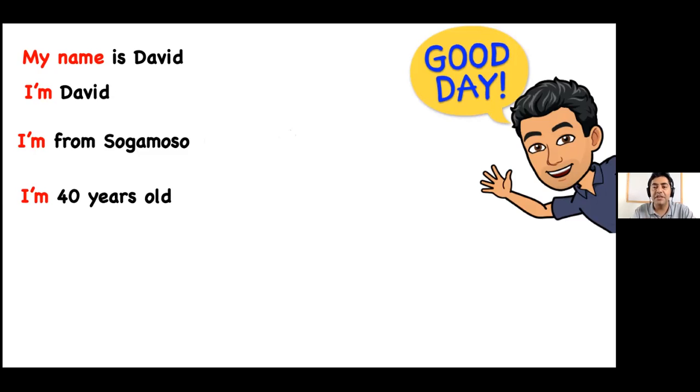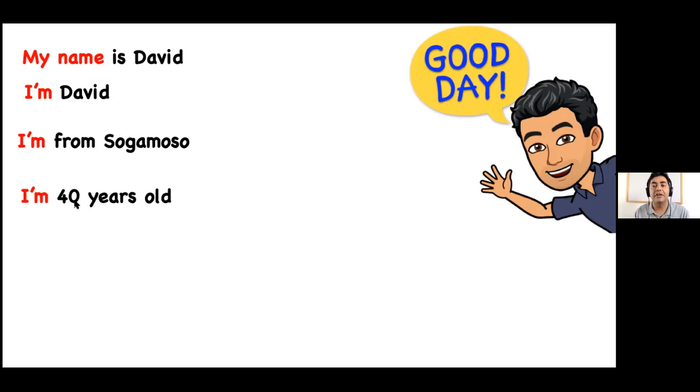I'm 40 years old. Now, listen to this. In English, we use the verb to be to talk about our age. In Spanish, it's different. In Spanish, we say tener. We use the verb tener. Tengo, right? But in English, we don't use have.